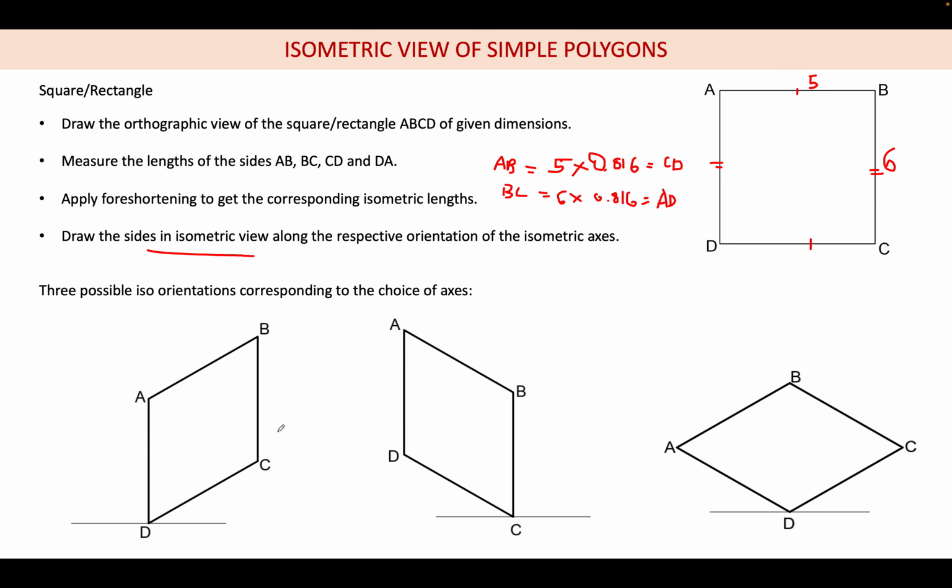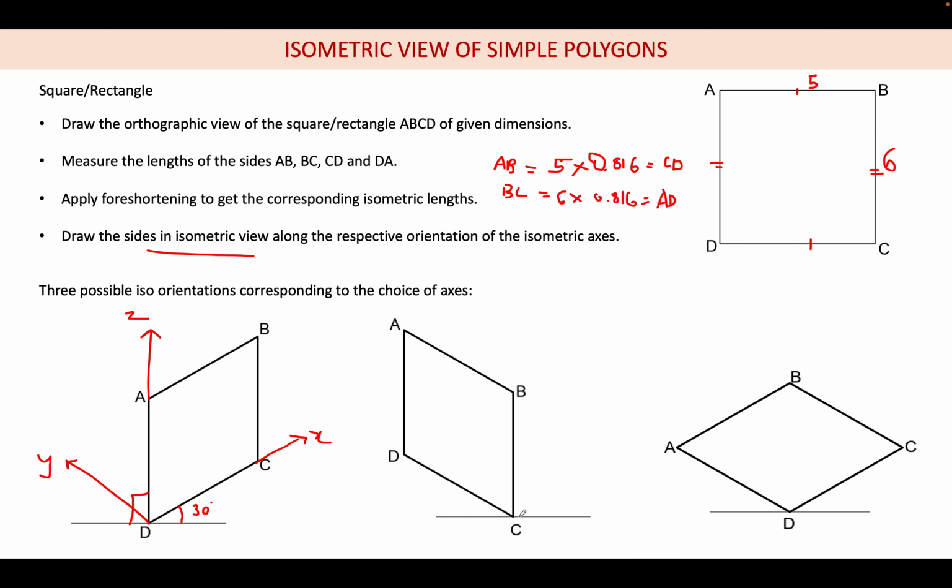So here, this is my X, this will be my Y, this will be my Z. In this I am going to draw in the XZ plane. So this will be 30 degree and AD will be 90 degree.